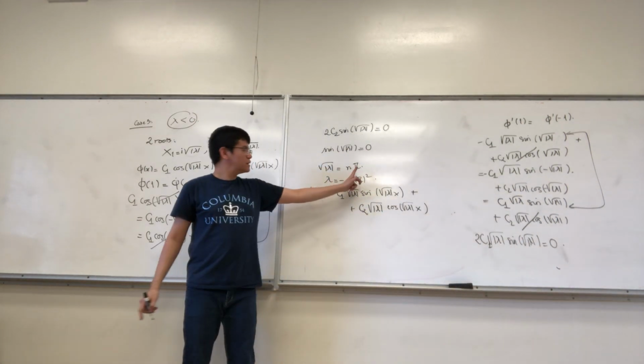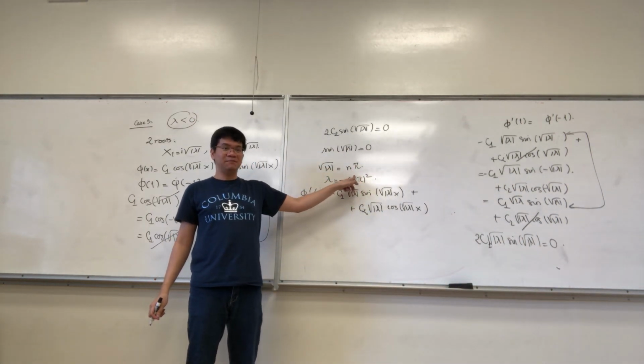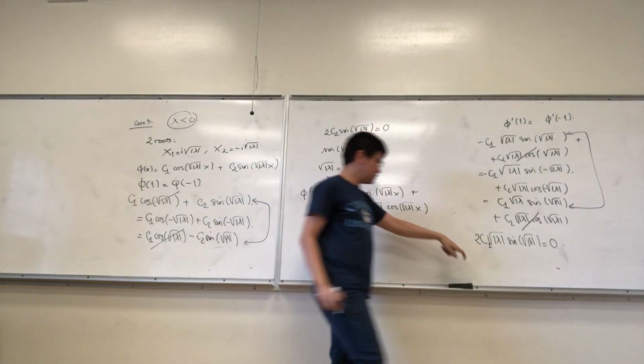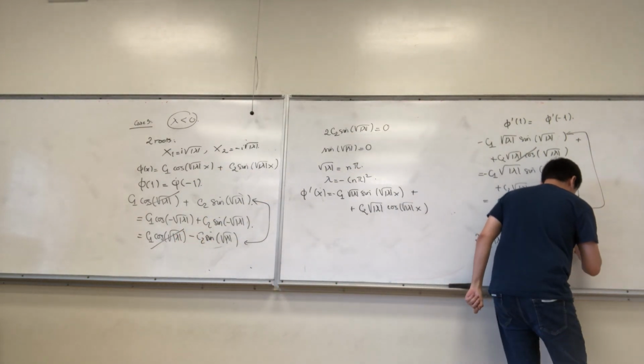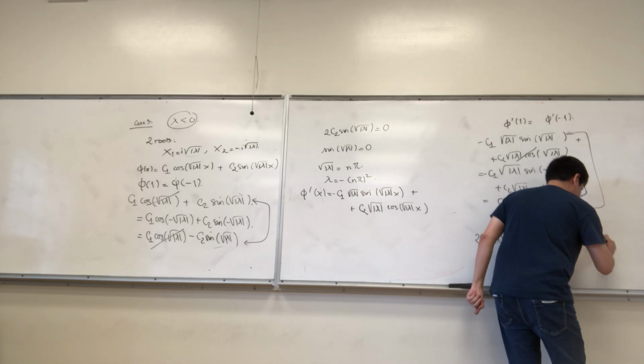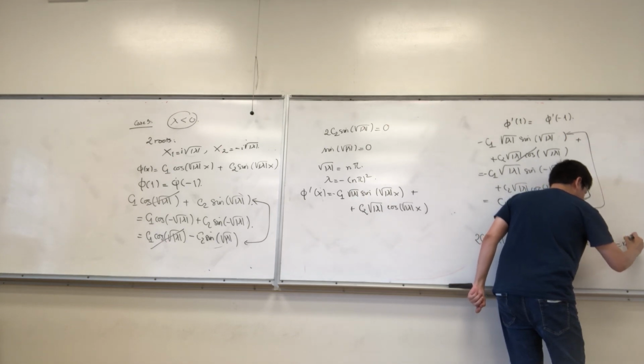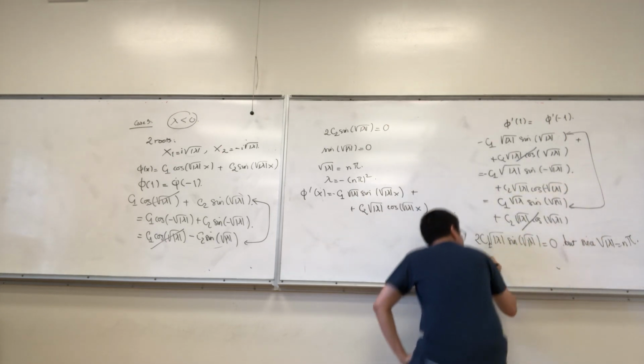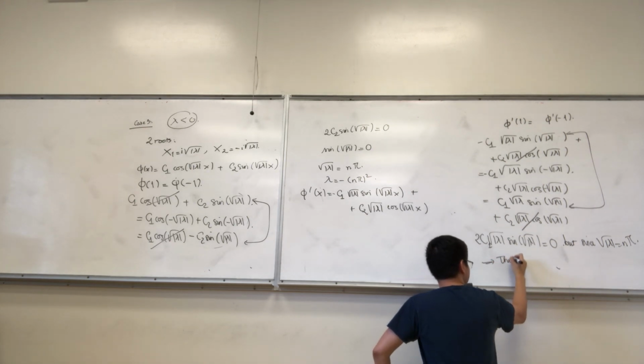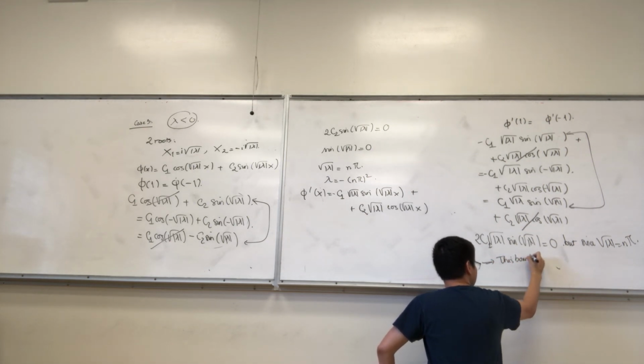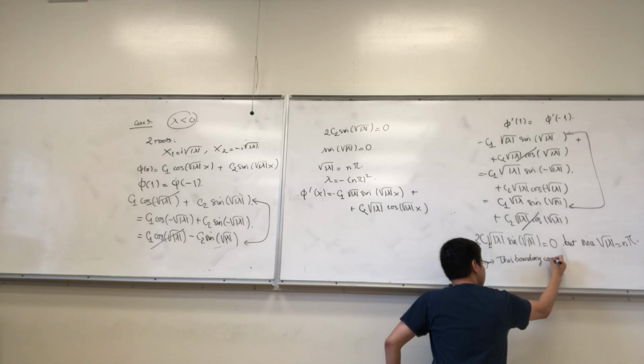But we know that square root of lambda is n pi, right? Since square root of lambda is n pi, so this boundary condition is automatically satisfied.